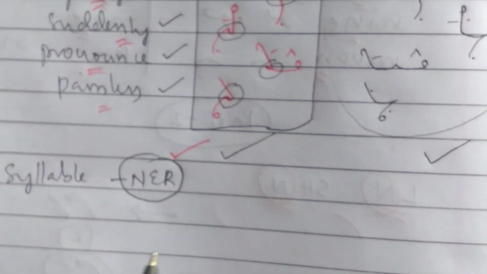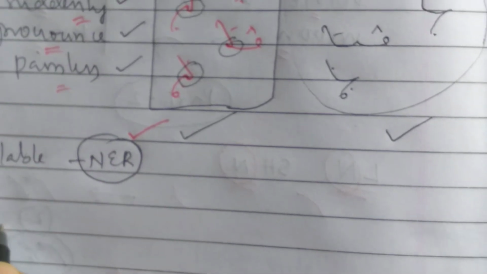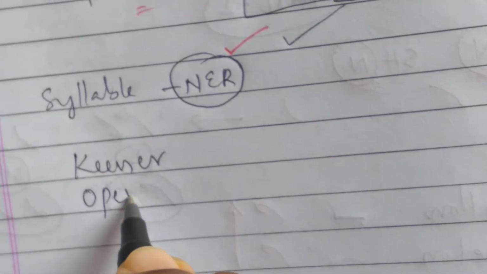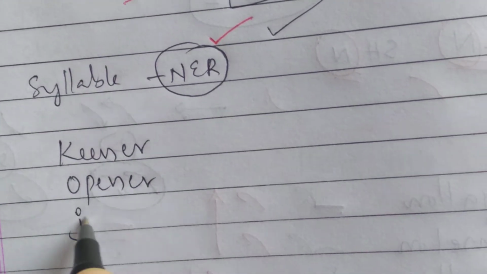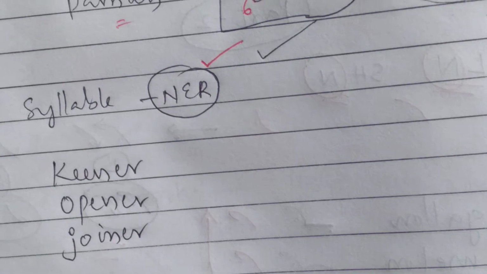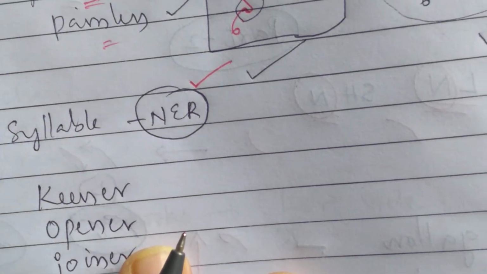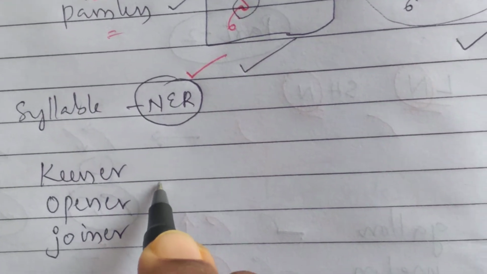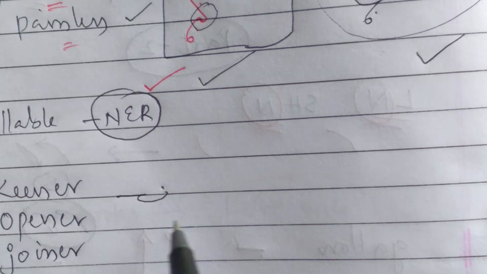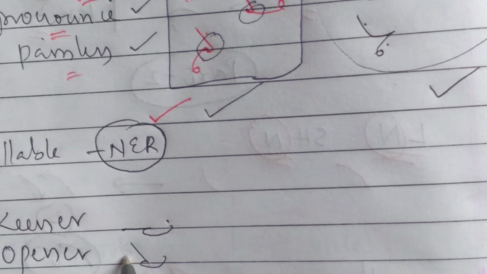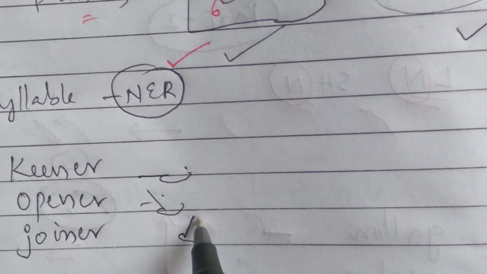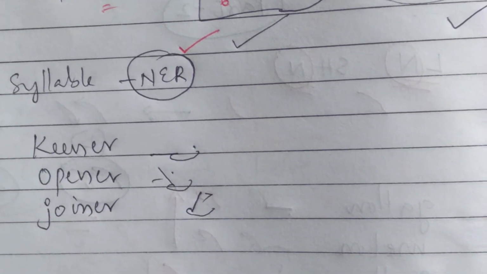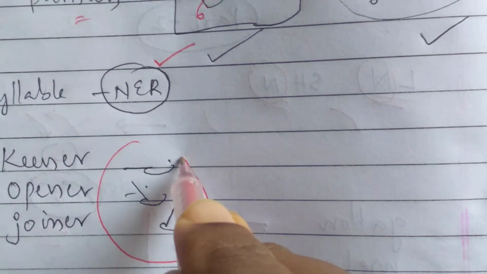For example, keener, opener, joiner, etc. It is very easy to identify the added ner syllable. I am going to write the strokes here: keener, opener, joiner. Only the ner syllable we are adding here. That means you can easily identify the strokes here.